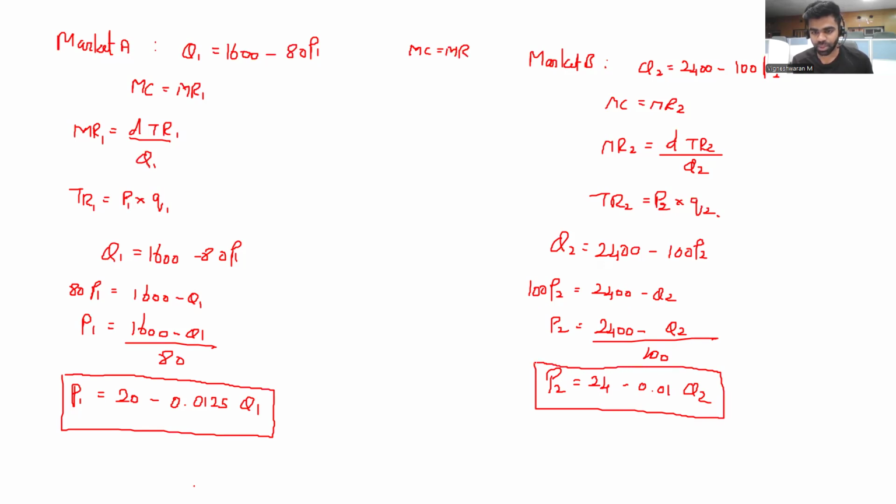Now I got P1 and P2. Then I want to find TR1. So I'll write the equations here: P1 is equal to 20 minus 0.0125 Q1, and P2 is equal to 24 minus 0.01 Q2.